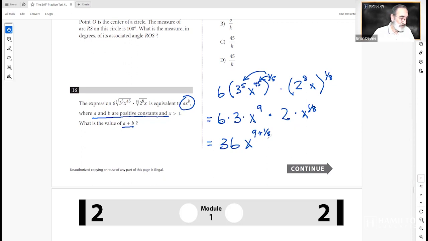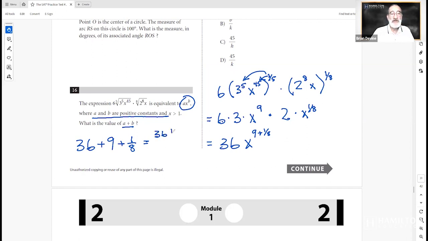And so a plus b should be 36 plus 9 plus 1/8, which I can get a common denominator, and I would see that this would be 360 over 8.